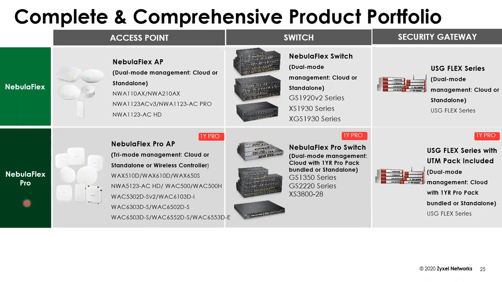For Nebula Flex Pro, it's all of our 5 and 6 series access points. On the switches, it is the 1350 series, the 2220 series, and the 3800 series. And then on the gateways, we have the USG Flex. Those that come with bundled UTM licenses out of the box also include 1 year of Pro Pack. And then now also we have the ATP series that fits into the security gateway here for you as well.